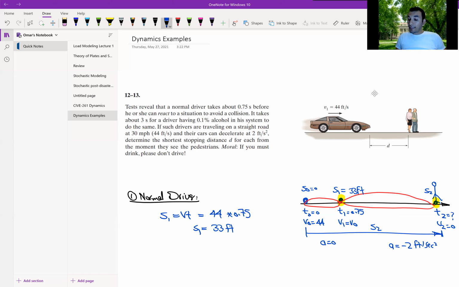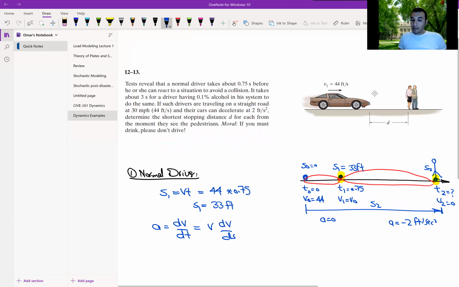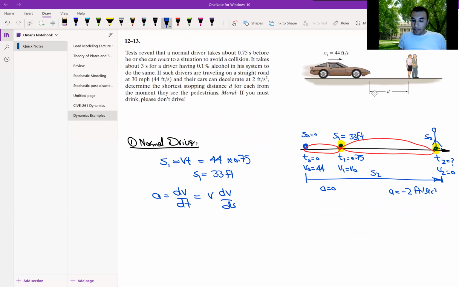So let's get to the second one. Here is an accelerated motion. We know that a equals dv/dt or v dv/ds. When you integrate this equation, you get v squared minus v0 squared equal to 2a times s minus s0.